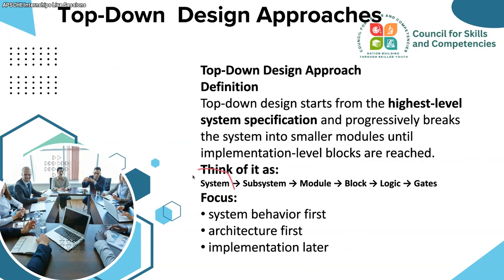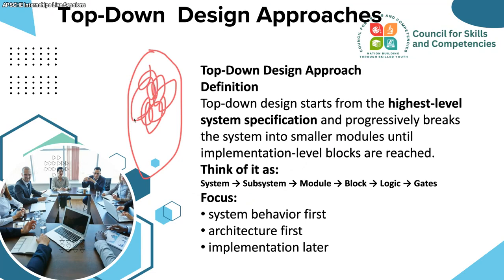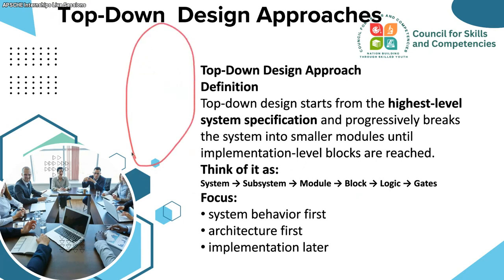A system is divided into subsystems, and the subsystems into modules, blocks, logic and gates. Think of a human as one system, made up of organs, organs made up of flesh, and flesh made up of cells. Moving from the top down to the cellular level is an example of the top-down approach.